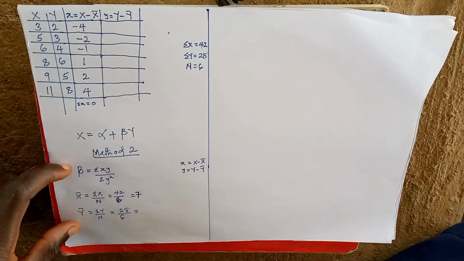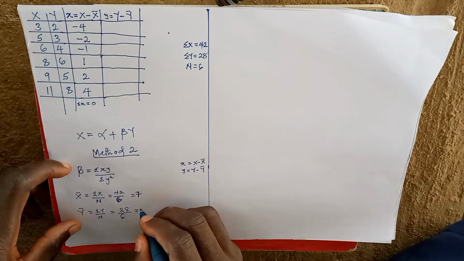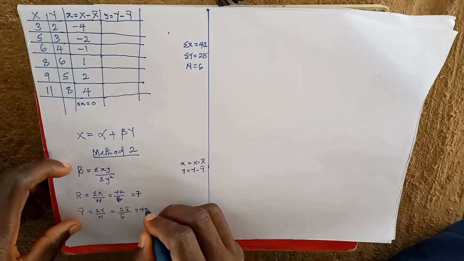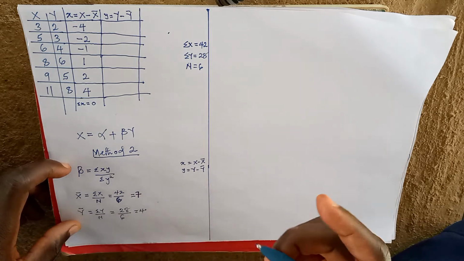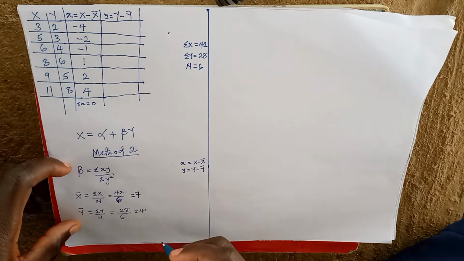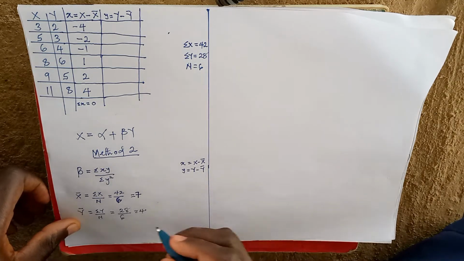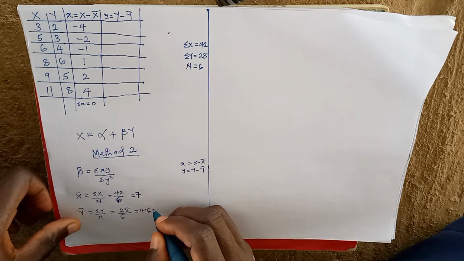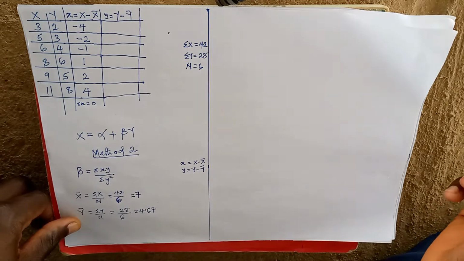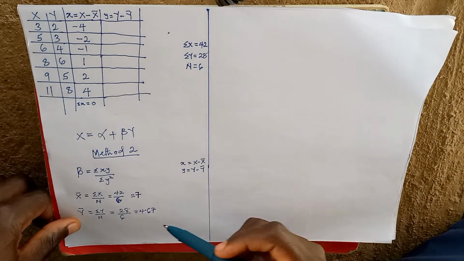Our answer is 4.66667, but this time we are going to approximate it to 2 decimal points, so that gives us 4.67. That is our y bar.